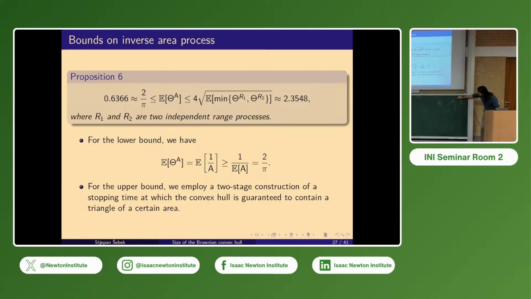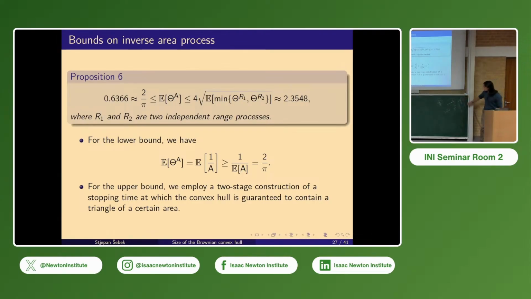And so we then waited after that. We first waited to exit the ball, and then we waited until the Brownian motion exited from this infinite strip of a particular width, which reduces to just the exit time of one-dimensional Brownian motion from some interval.